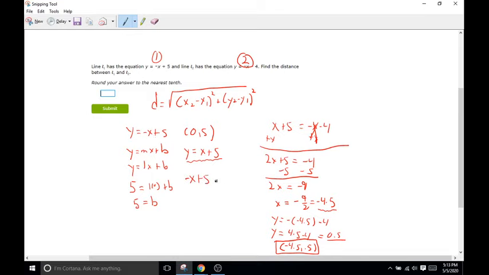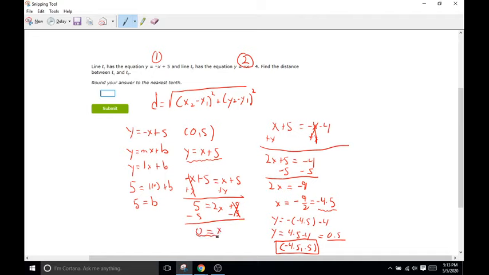Just that part of the equation equals x plus 5, which is the part of the perpendicular equation. And so we'll add x to both sides. So we're left with 5 equals 2x plus 5. Then we will subtract 5 from both sides. So we're left with 0 equals x.